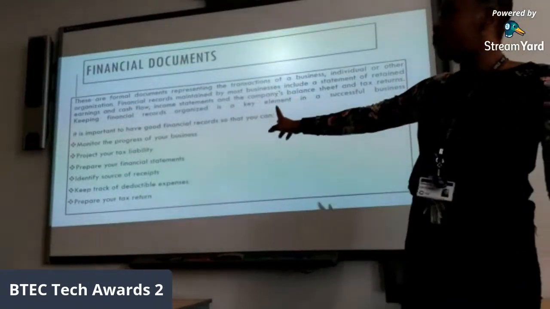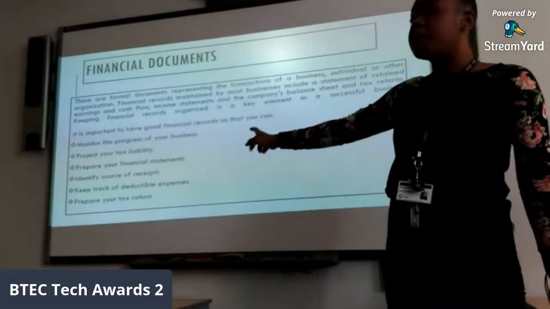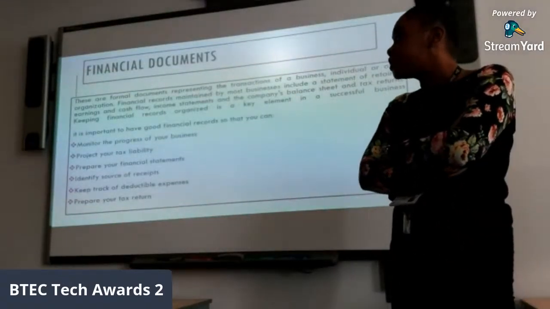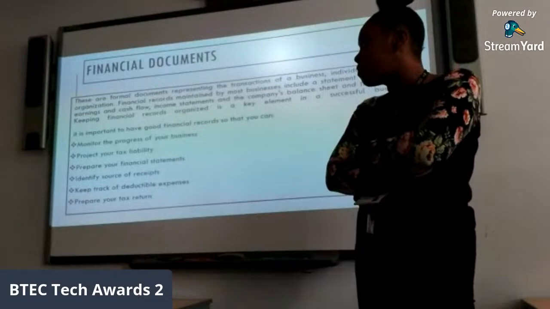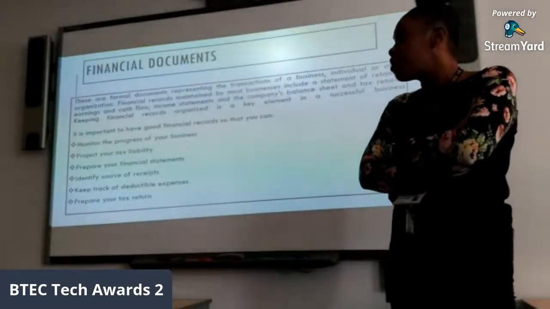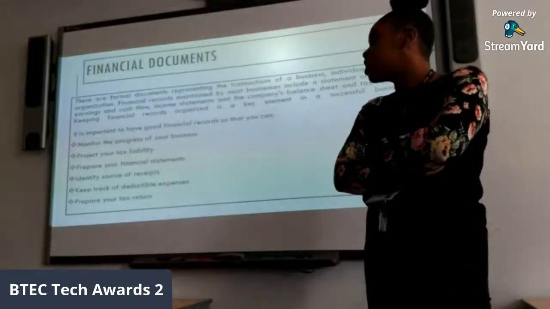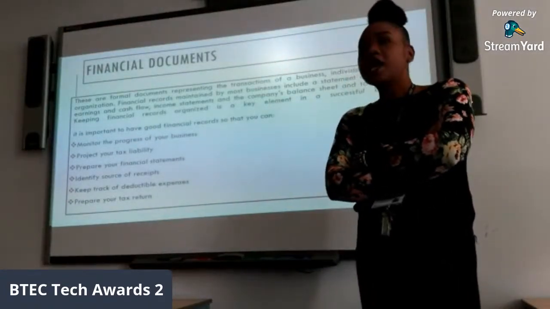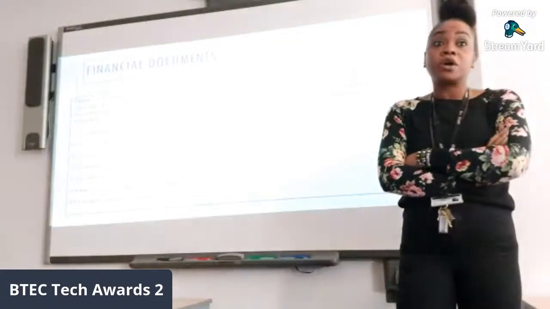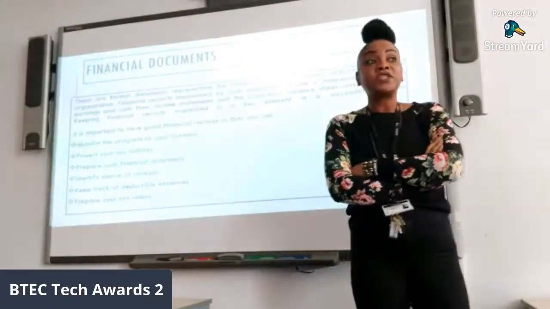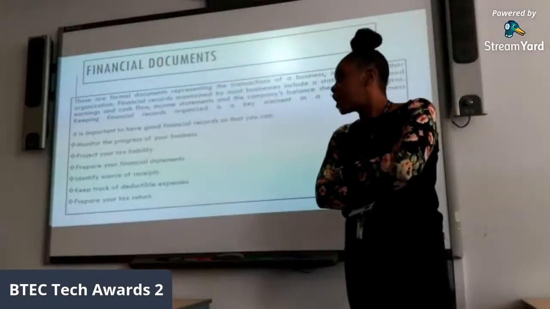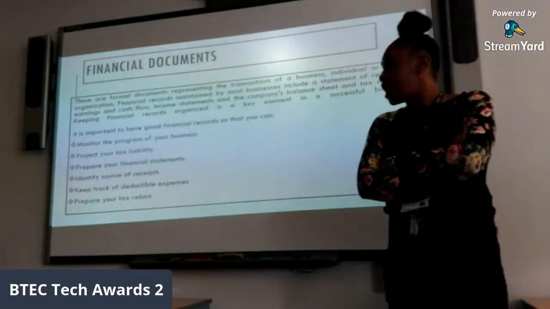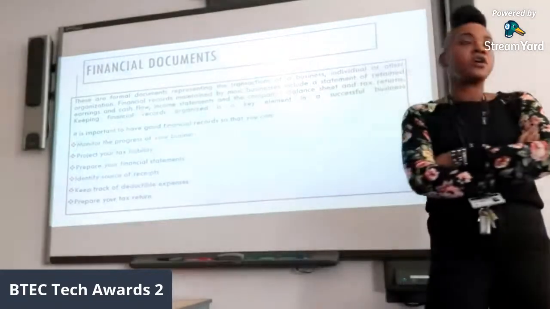It is important to have good financial records so that you can monitor the progress of your business, project your tax liability, prepare your financial statements, and identify sources on your receipts. Sometimes people overcharge you, so you have to make sure you have your receipts to check. Keep track of deductible expenses and prepare your tax return.